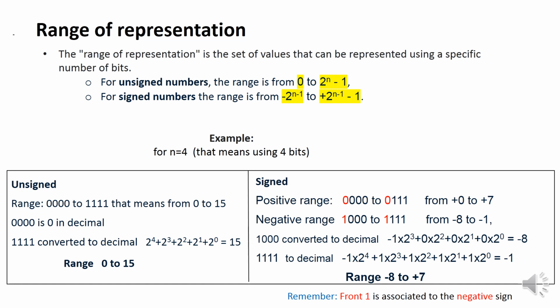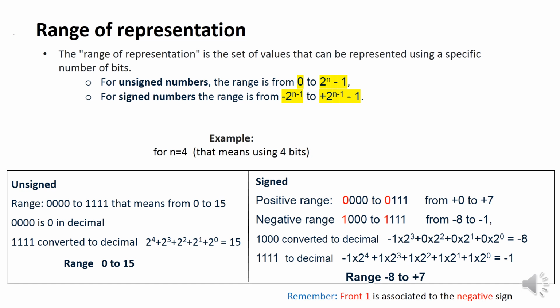Let's see now what happens for signed numbers. We have to distinguish two parts, positive range and negative range. The positive range is from 0000 to 0111, that means from +0 to +7.